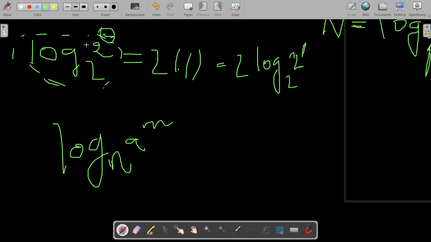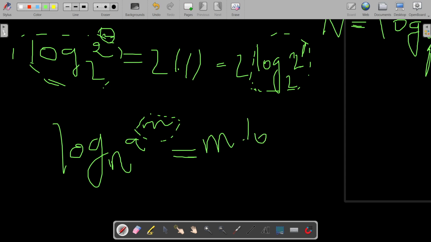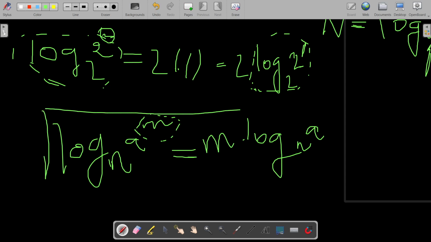What happened here is the power came in front of this expression. We can do the same here: take the power in front, multiply, and write this as log a base n. This is a property of logarithms.